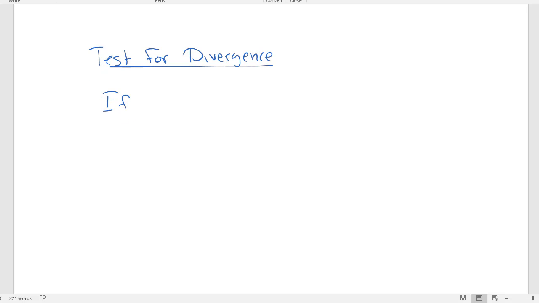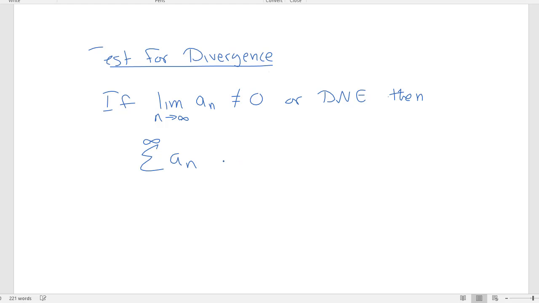So I'll say if the limit of the terms of the sequence is non-zero or does not exist, then when we add those terms together, that series, infinitely many terms being added, is divergent.